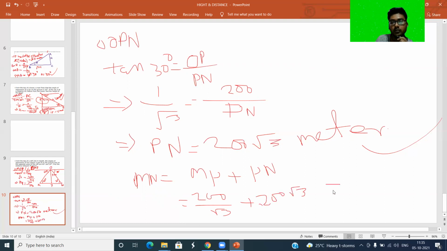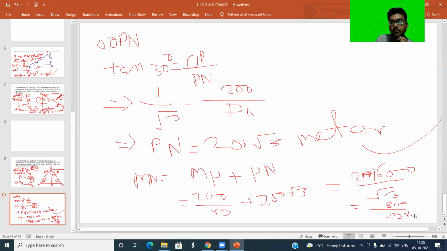How to solve this? √3 into √3 means 3, 3 times 200 is 600, plus 200 means 800 by √3.